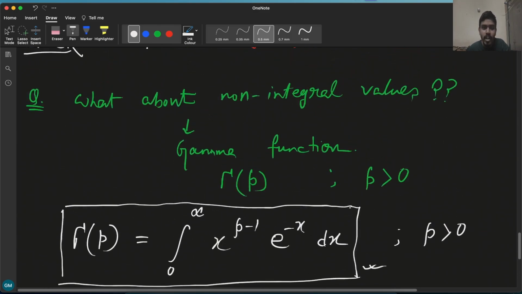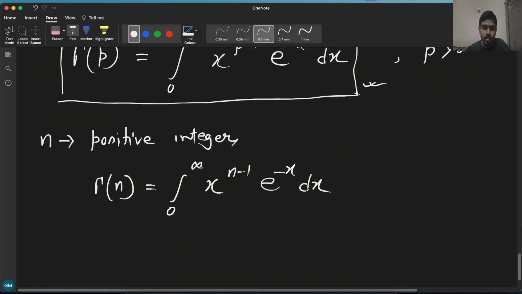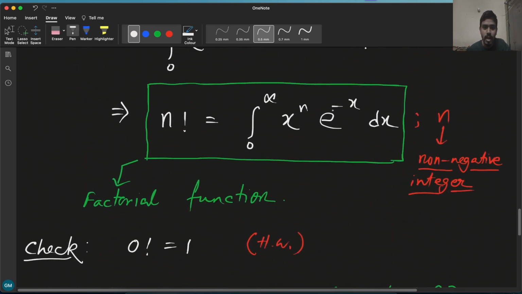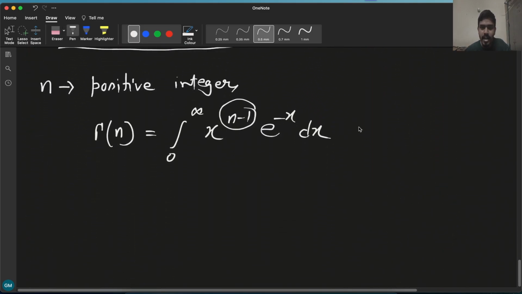And if I follow this definition of factorial function, it is basically n minus 1 factorial. See, here there is n minus 1, and here for n, it is n factorial. That's how the factorial function is defined. Now instead of n, we have n minus 1, so here I can write it as n minus 1 factorial.